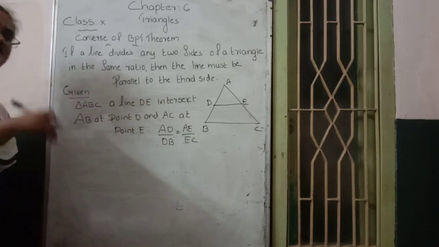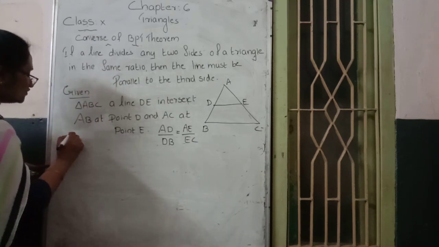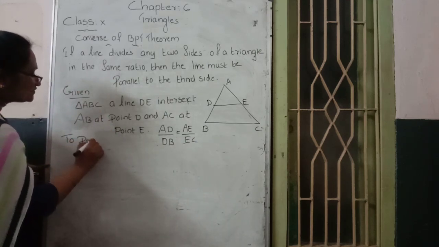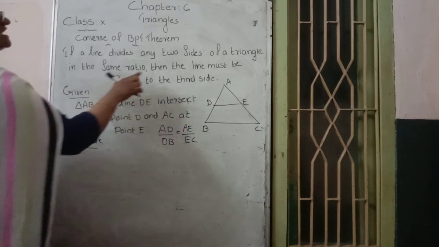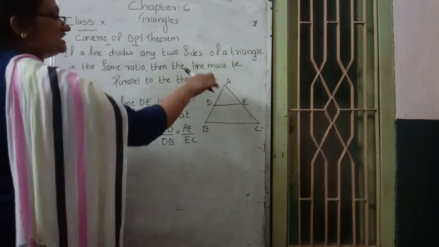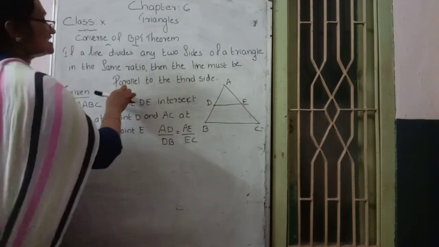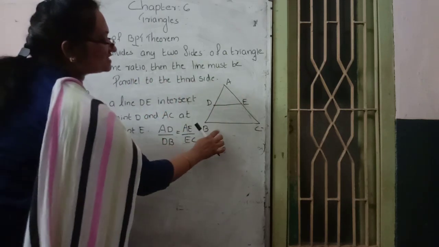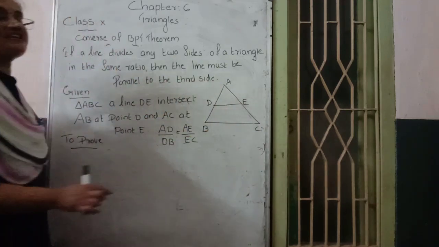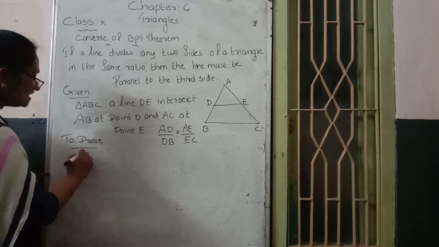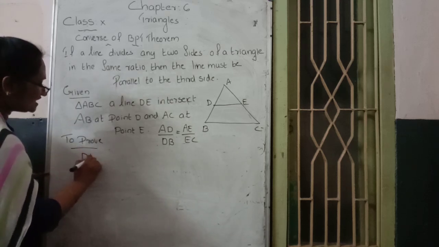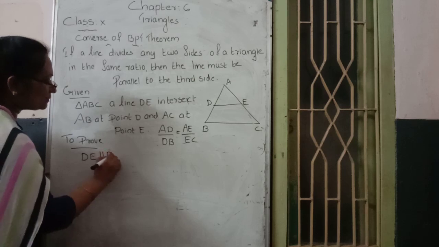Next, what do we want to prove? We want to prove that the line DE is parallel to the third side of this triangle. BC is the third side, so we can write DE is parallel to BC.